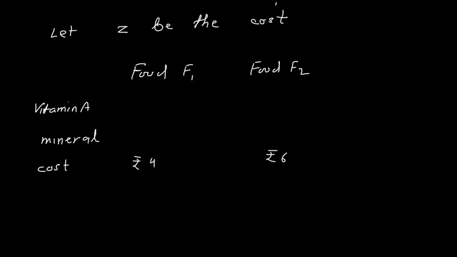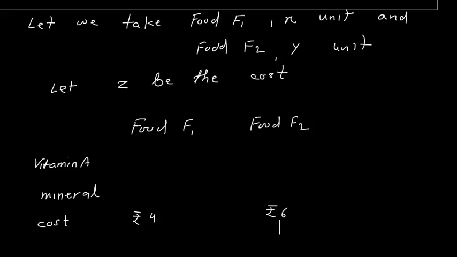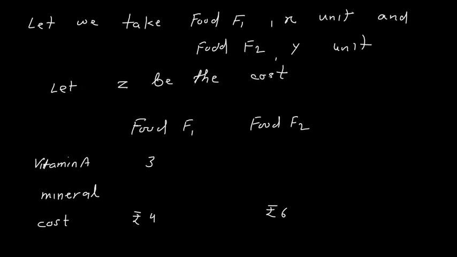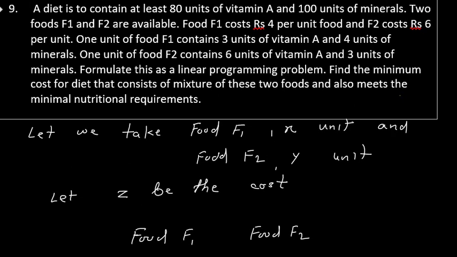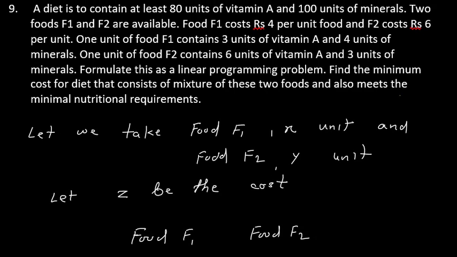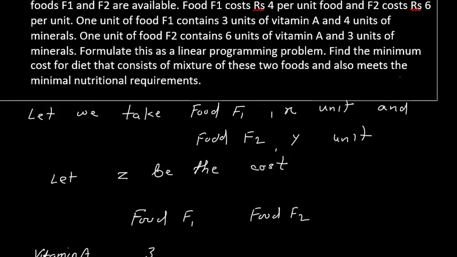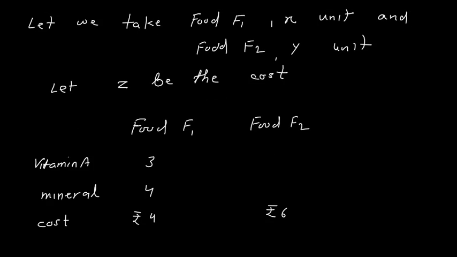Now let us see what they contain. 1 unit of food F1 contains 3 unit of vitamin A and 4 unit of mineral, so 3 and 4. And food F2 contain 6 unit of vitamin and 3 unit of mineral, so 6 and 3. Their cost is given.